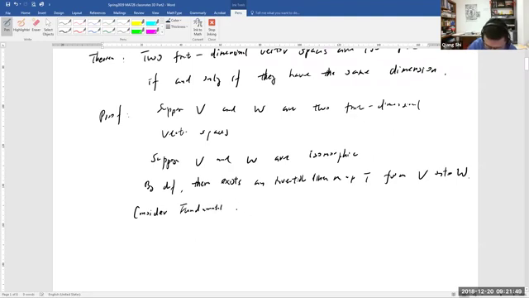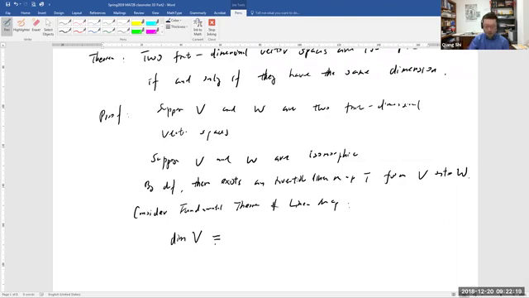Then let's consider the fundamental theorem of linear maps. Remember, this one says that if you have a linear map from V to W and V is finite dimensional, then the dimension of V is equal to the dimension of null T plus the dimension of range T. We have used this before, and we're going to use it now.